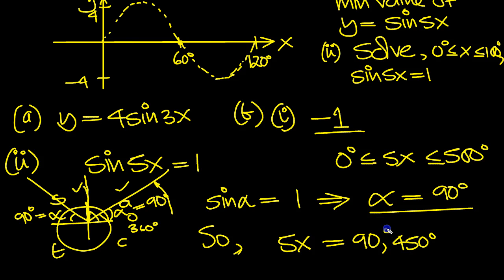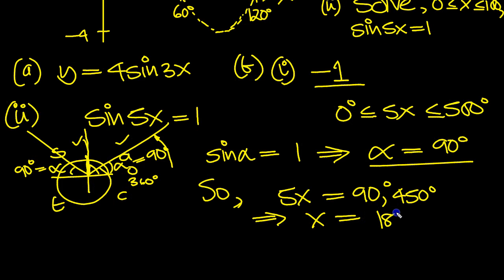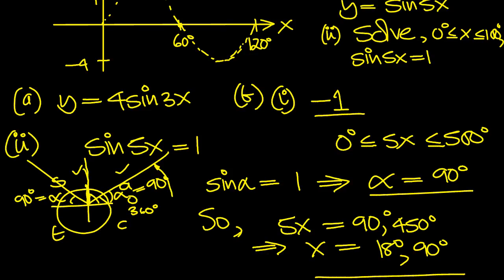And that's it, because once we go past to here, we can't go round again because we're outside our range. So that tells us what x is. 90 over 5, which is 18, and 450 over 5, which is 90 degrees. So x equals 18 degrees and 90 degrees. So that's the solution for the problem.